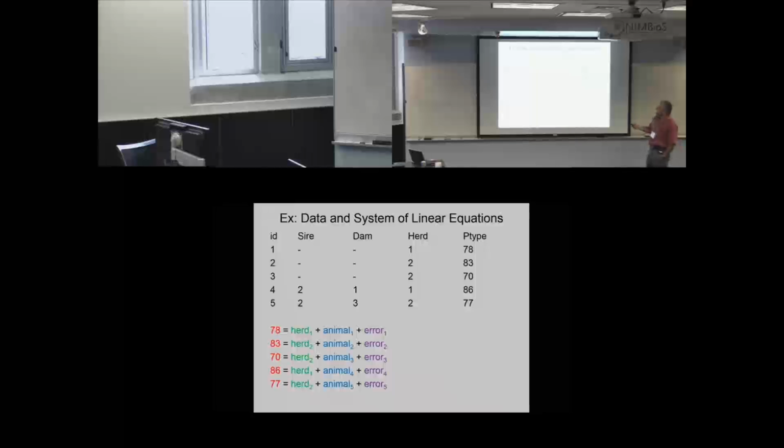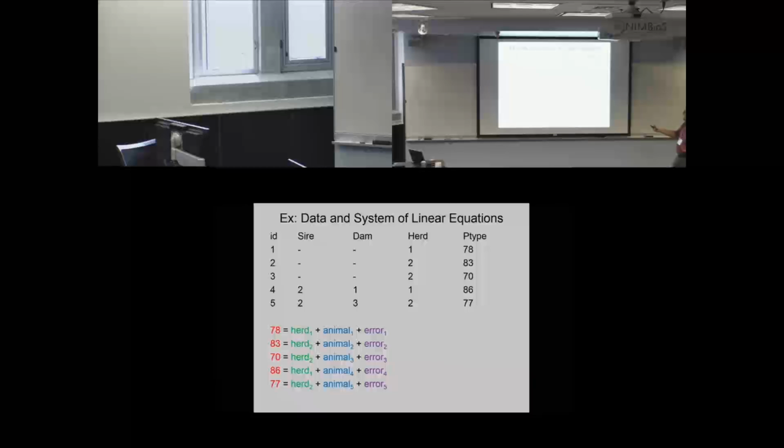So we've got the 5 individuals. We have a system of linear equations that will help us build our vectors and matrices. Individual 1 has a phenotype of 78, belongs to herd 1. It's animal number 1, the ID number 1, and it has its associated error that goes along with animal 1.